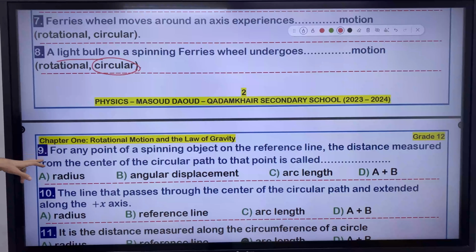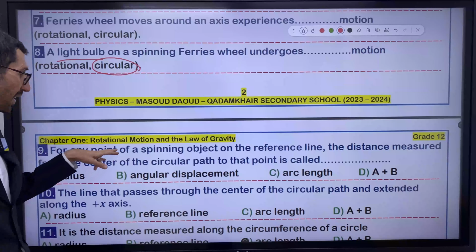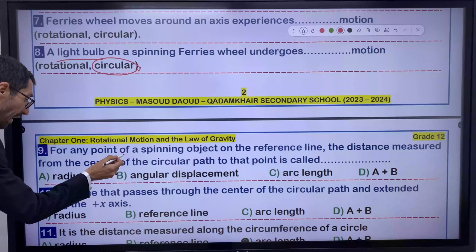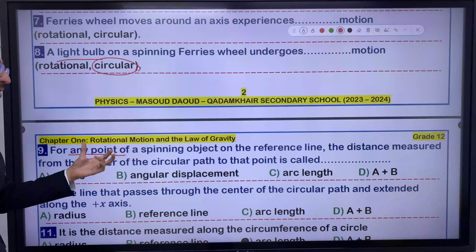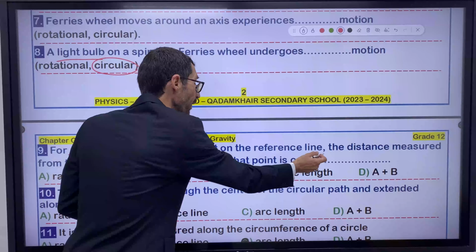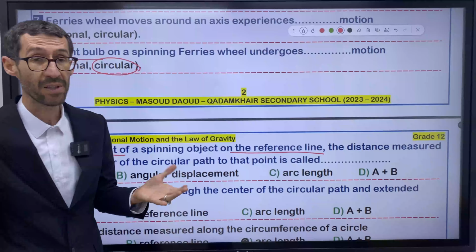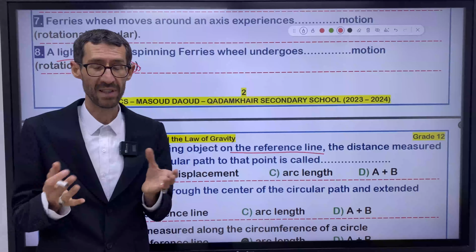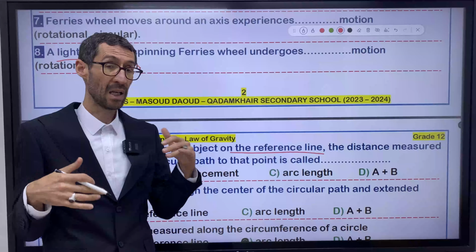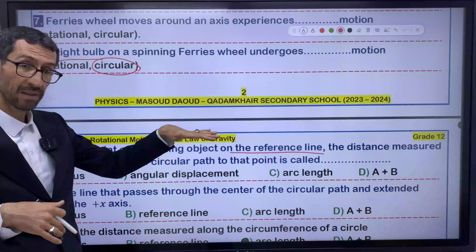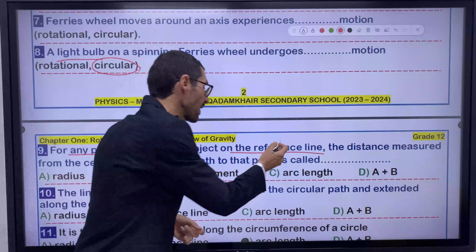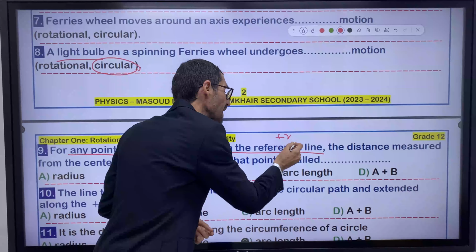Question number 9. For any point on a spinning object, let me underline it for you, for any point on a spinning object, on the reference line, imagine there's a point, for example, a light bulb, or a seat above the reference line of the Ferris wheel. And I told you reference line means positive x-axis.